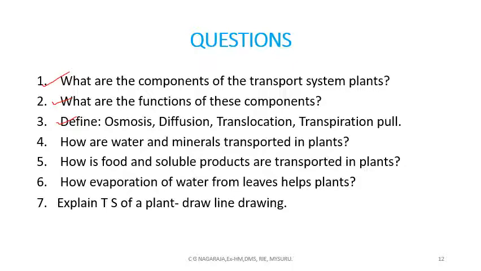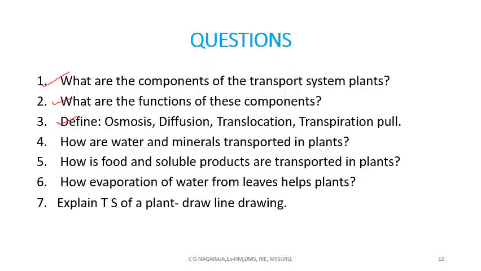That is diffusion. Translocation refers to transport of food molecules and soluble molecules from the leaves to all the parts of the plant body. It happens via phloem. Transpiration pull refers to a suction power generated during evaporation of water, and that helps in pulling the water to great heights in a large plant.